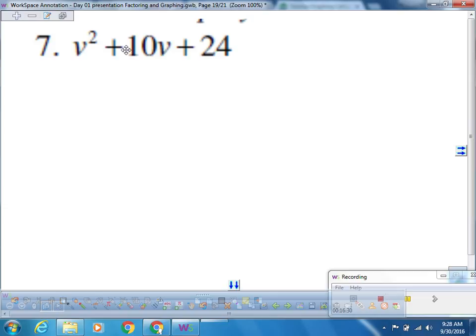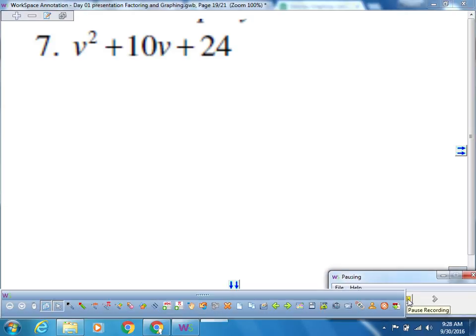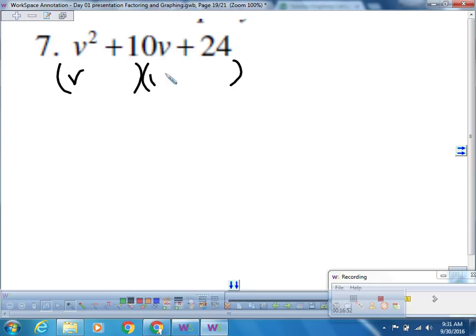It doesn't matter if it's V. Okay, so Hope just said, can I just do this? Because guys, I personally don't need to factor by grouping. I can do it in my head. I know that this is V and V, and I know this is 6 times 4, and I know 6 and 4 make 10.